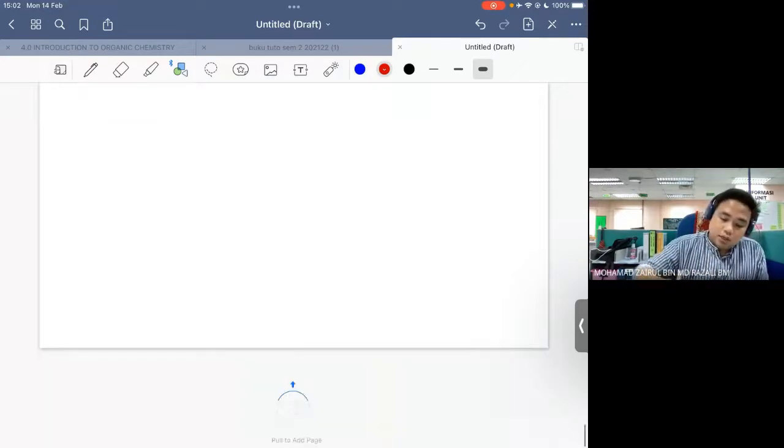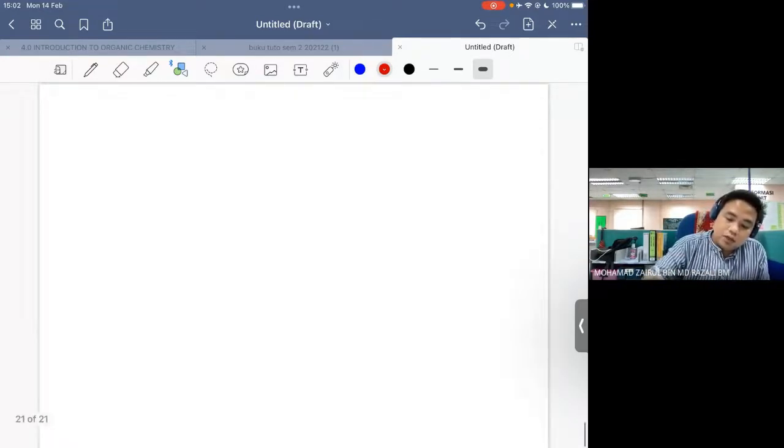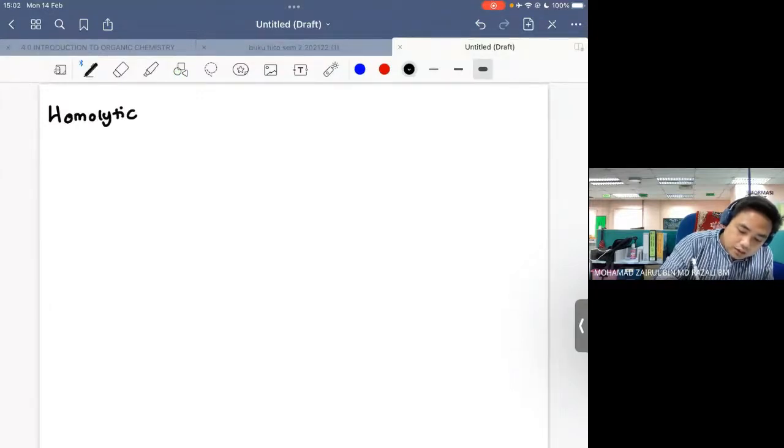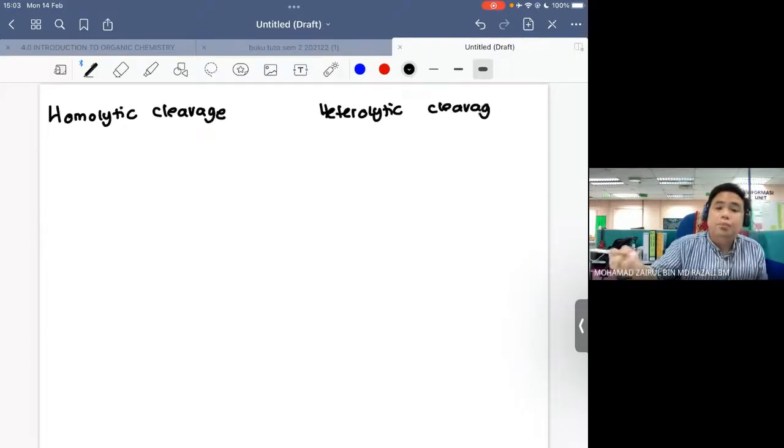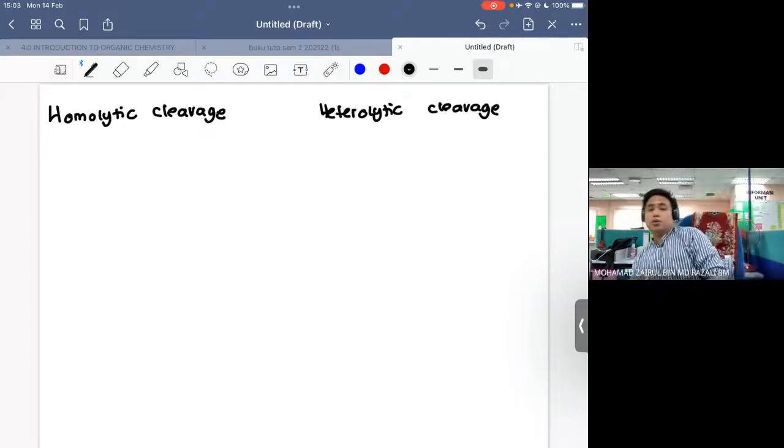So the first type of bond cleavage itu we call it as a homolytic cleavage. And then the second type of bond cleavage itu we call it as a heterolytic cleavage. So what is the difference between the homolytic and also heterolytic cleavage?